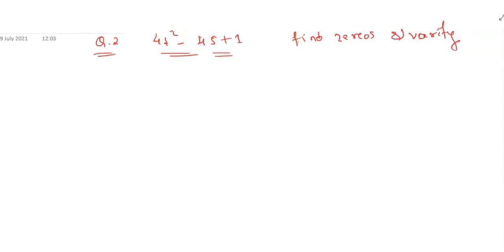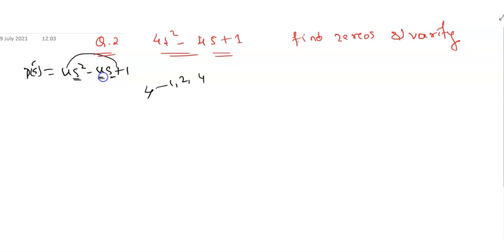Okay, so guys, just follow me. Given polynomial, let's say p of s is equal to 4s square minus 4s plus 1. Why did I take s? Because the variable in the polynomial is s. That's why I have taken p of s. So 4 into 1 is nothing but 4. The factors of 4 are 1, 2, 4.